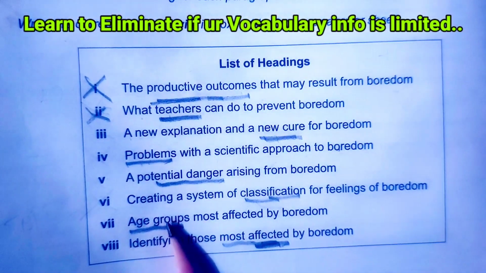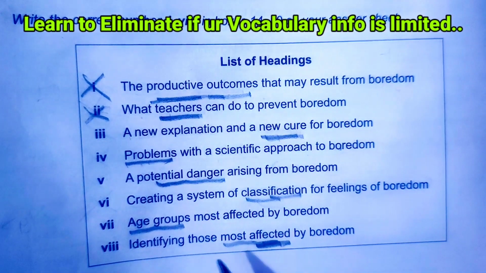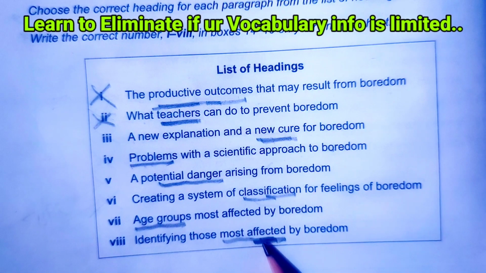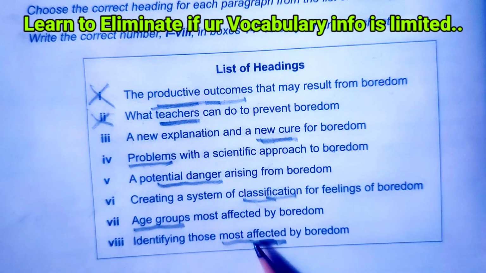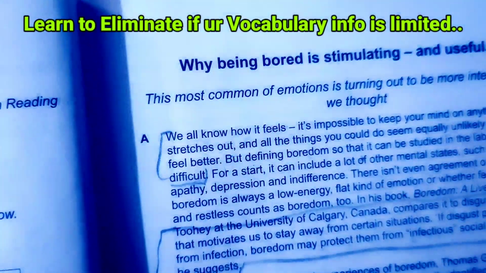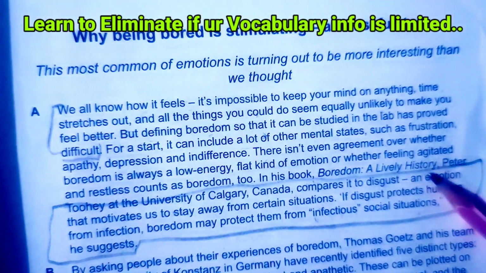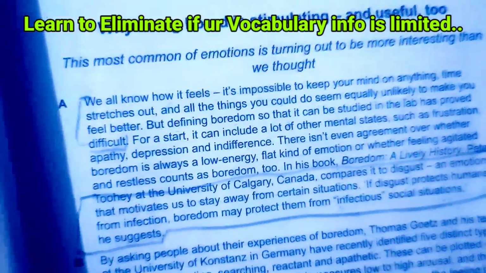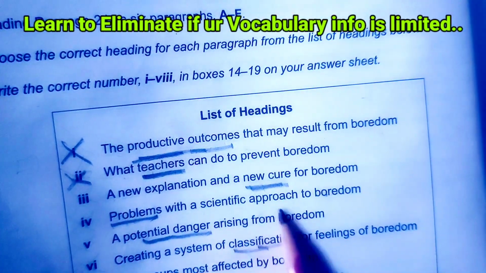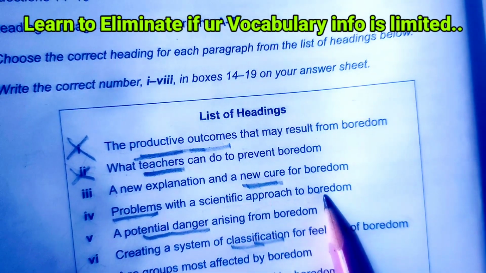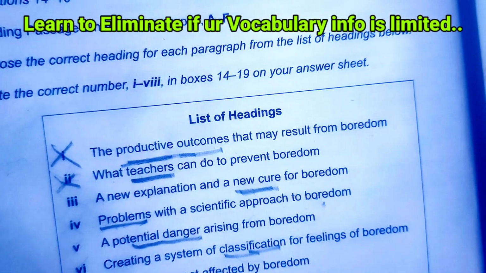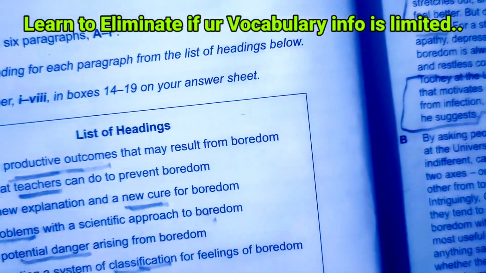There was no age group talked about, and no one who was affected by boredom, at least in the first passage. So, on the basis of the elimination method, I hope you understood how I found my answer. Okay, so my answer is problems with scientific approach to boredom. Okay, so I hope you get it. Now the last one we will do.